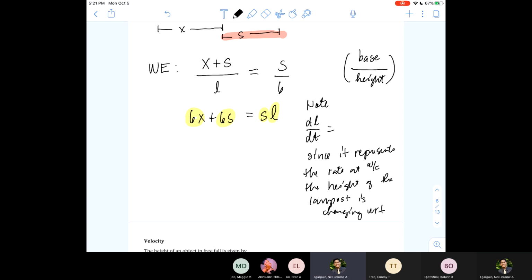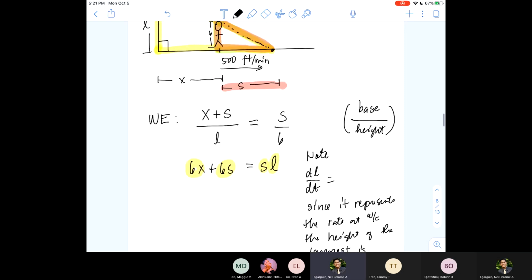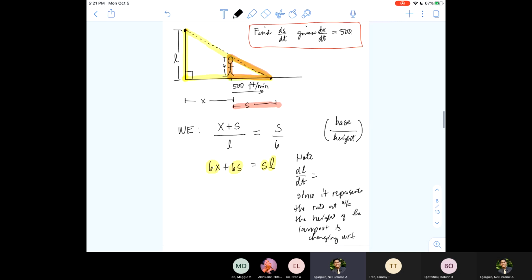But what is that rate? Can you guess what that rate is? What is dl over dt? That's correct, Even. It is equal to 0, precisely because the length of the lamppost is never changing, right?